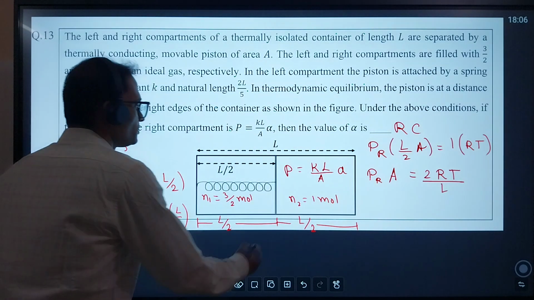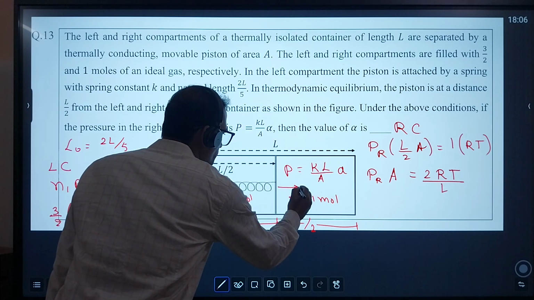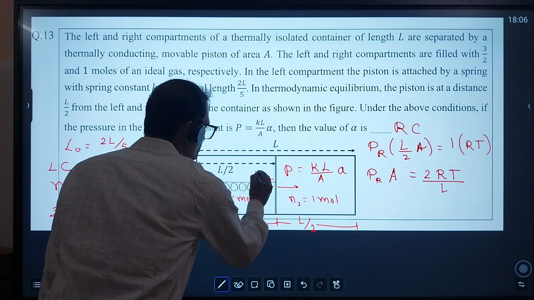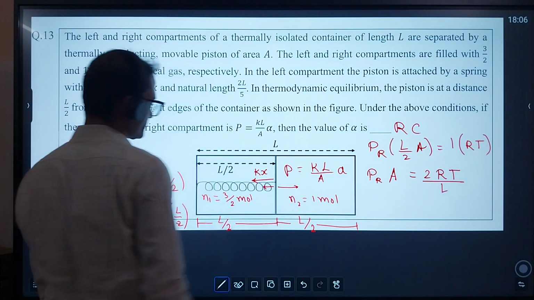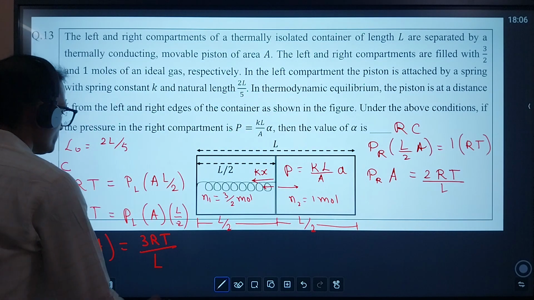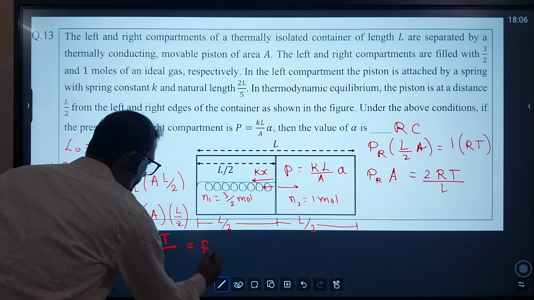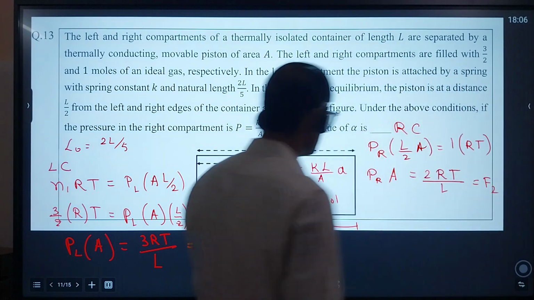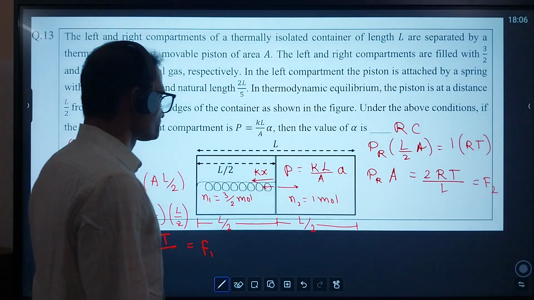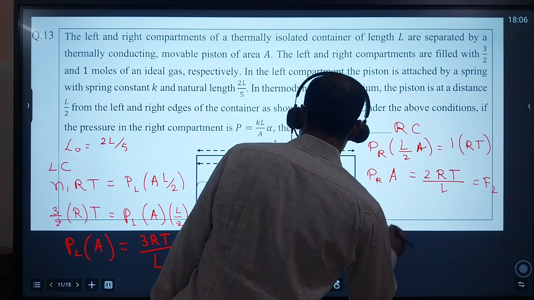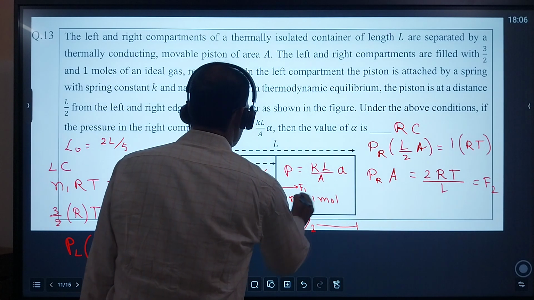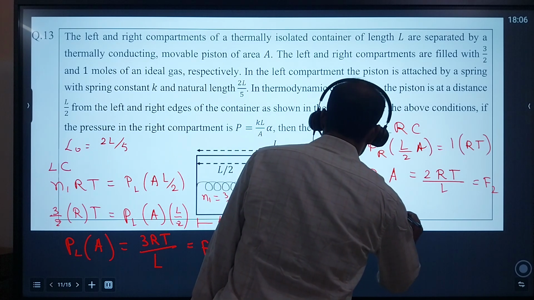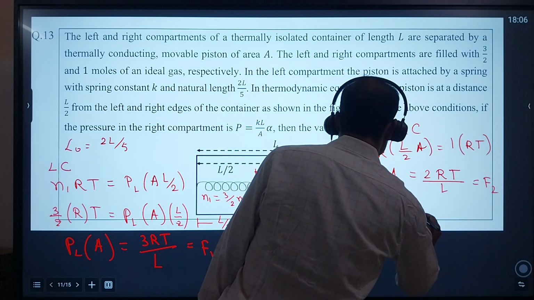So this force I will call F1, and this one F2. Okay, so let us write the equation: F1 is equal to F2 plus kx.